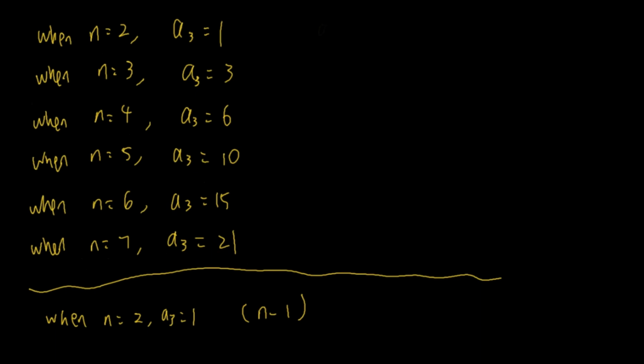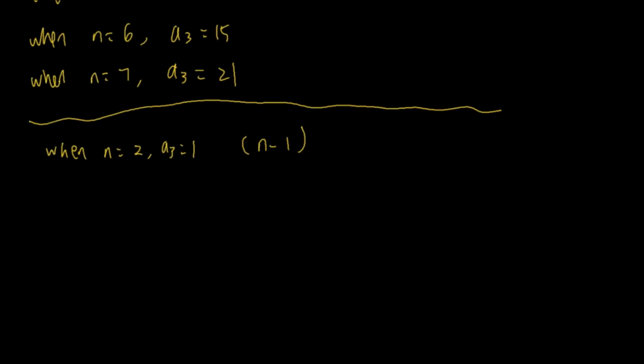If we put 2 into n minus 1, that is 1. 1 times what equals 1? 1 times 1 is equal to 1. So let's try using the n again. n is 2, but what can you do to divide and get 1? If n is 2, then 2 divided by k, where k must be 2, is equal to 1.